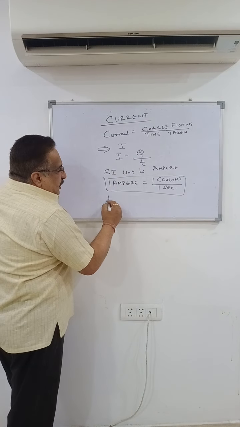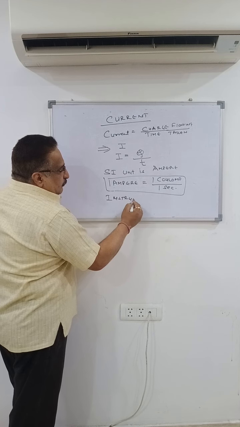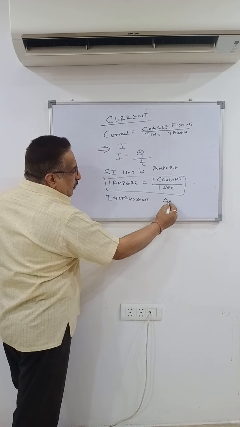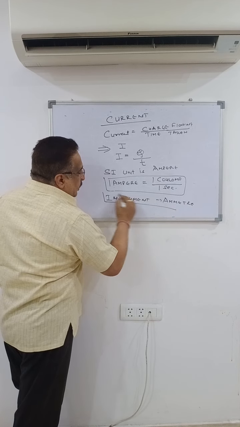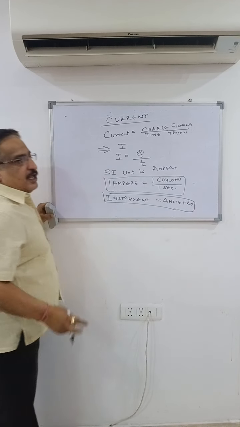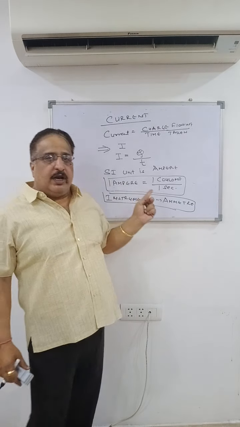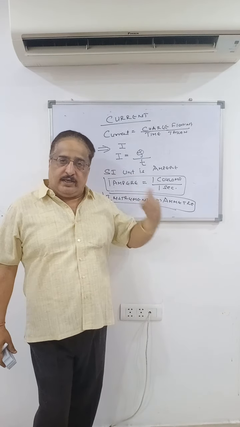It is measured by an instrument called ammeter. This is connected in series in the circuit. We will tell you what series is all about in the next class.